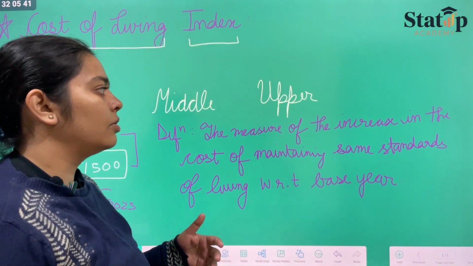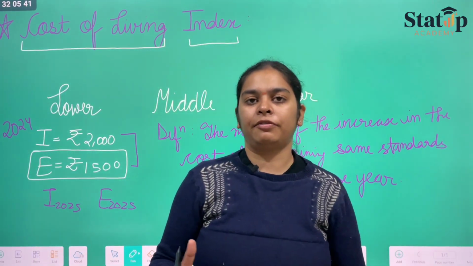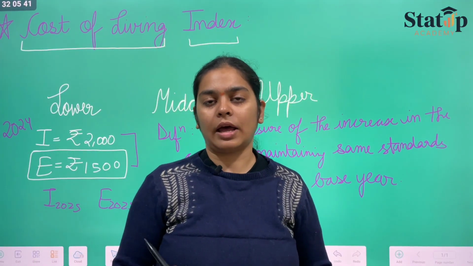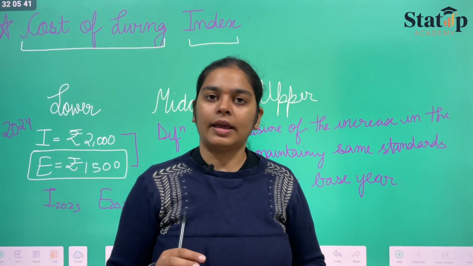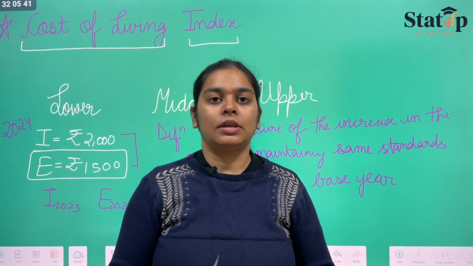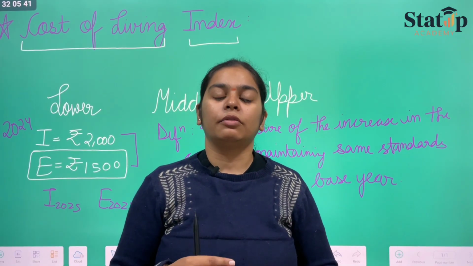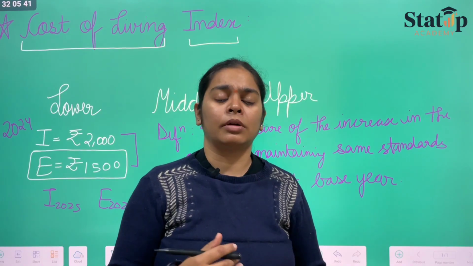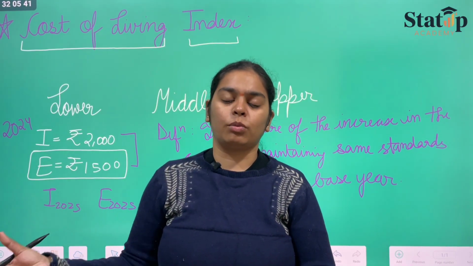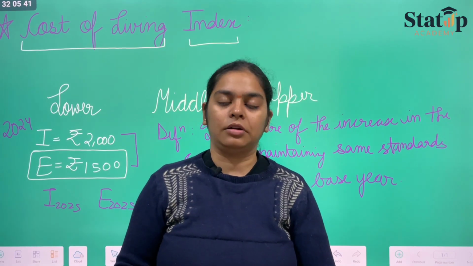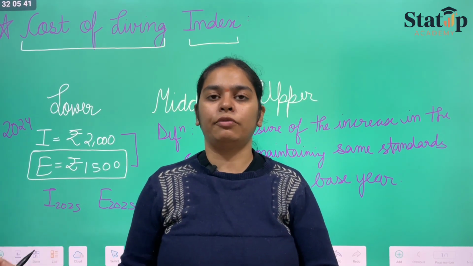So suppose the middle class has been buying some flour, the daily standard of living is that he has been eating food three times a day. In the previous year the cost of wheat flour was rupees 50 per kg.